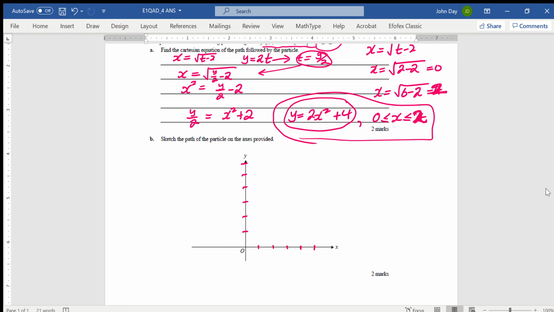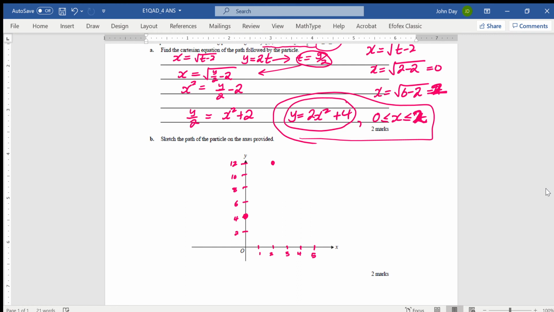So how about we have this axis going 1, 2, 3, 4, 5, but this going 2, 4, 6, 8, 10, 12. And that way it starts off, when x is 0, it starts off here at 4. And when x is 2, we end up at 12.